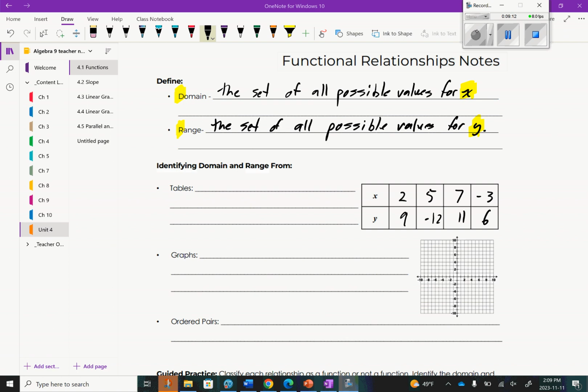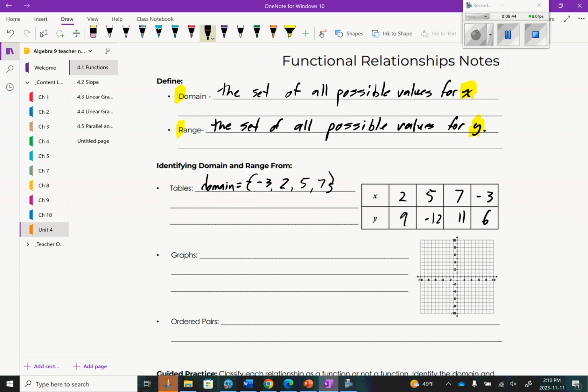If we are given a table of values, the domain is simply a listing of all of the x values. Now, sometimes we need to rearrange things. It's always a good practice to arrange them from lowest to highest.